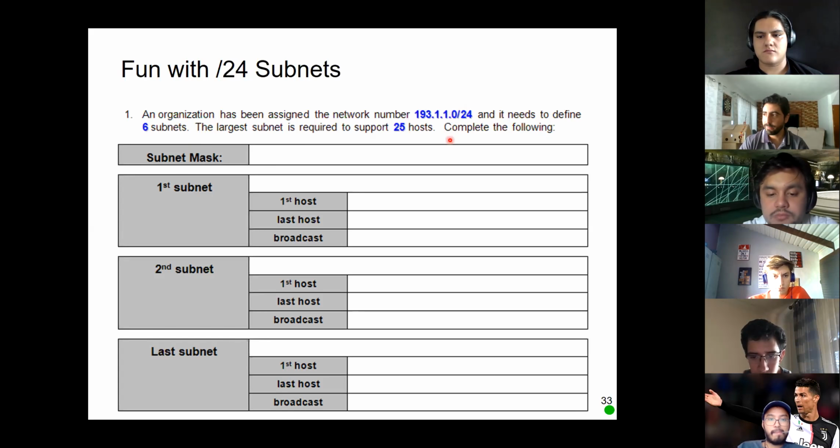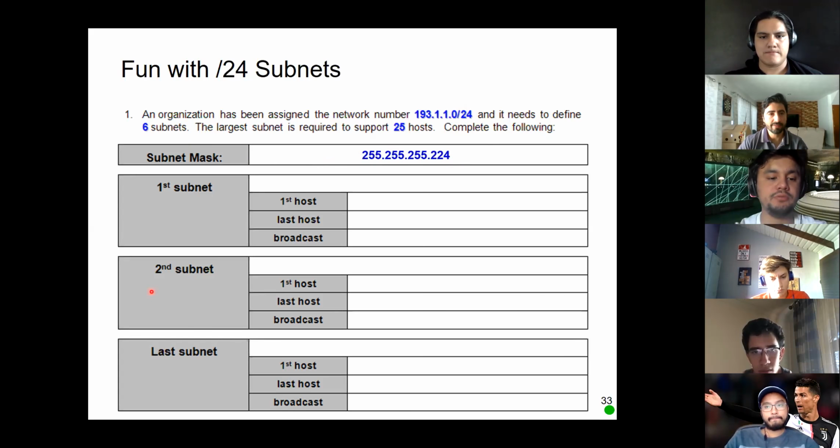So this would be your subnet mask. This is equal to /27.